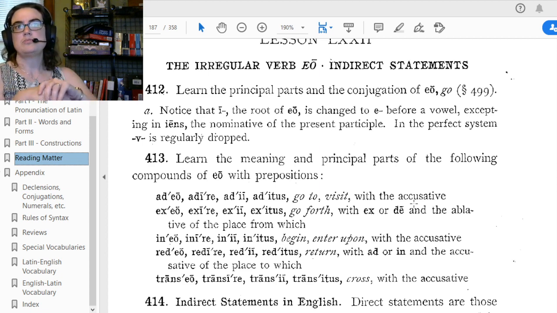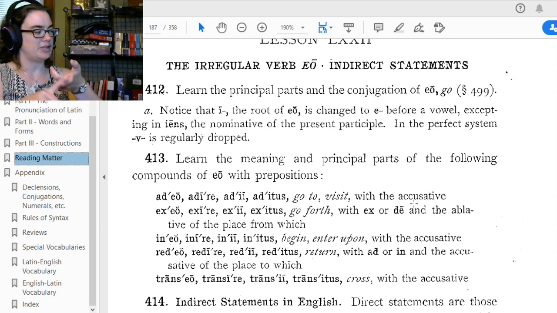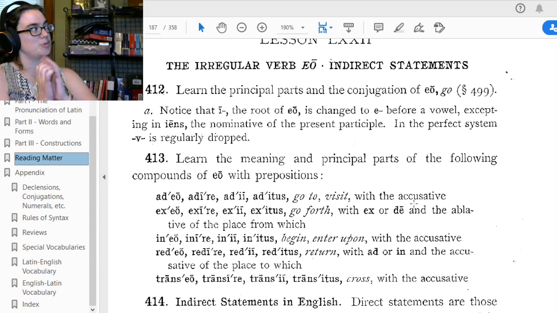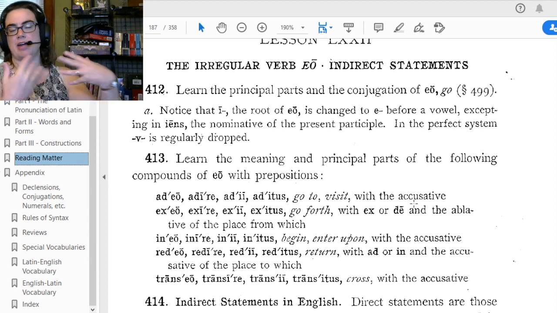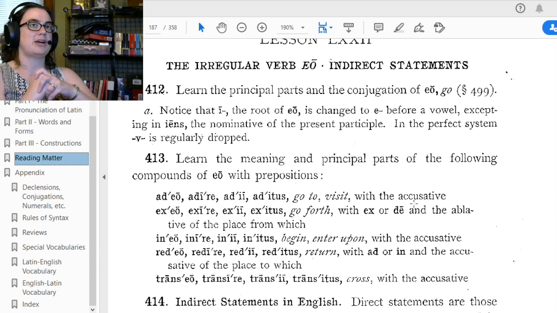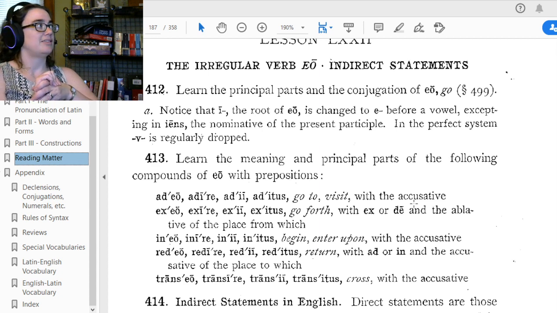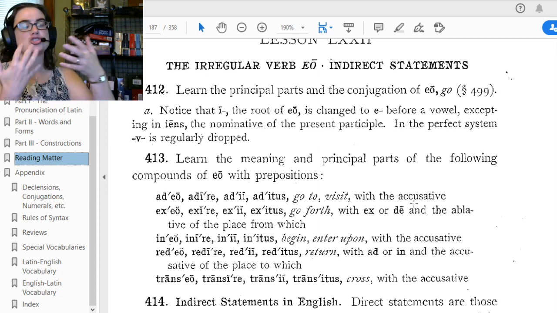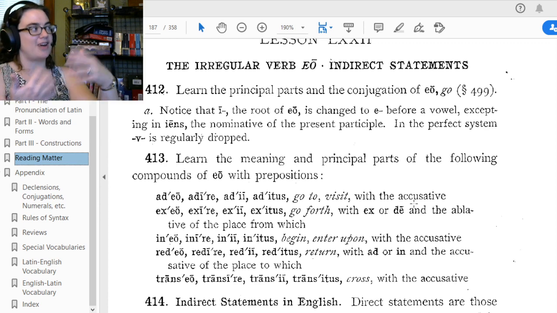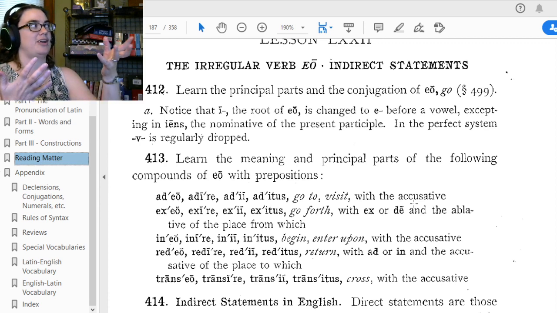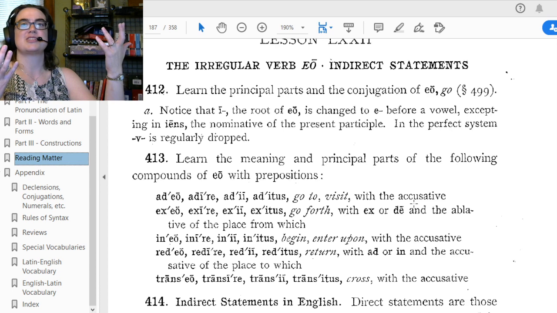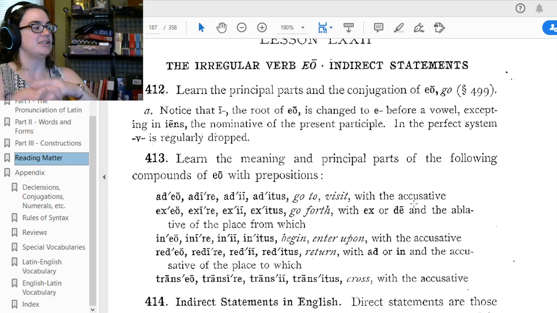So the principal parts are eo, ire, ii, itum. So ii, the best principal part of them all, is sometimes ivi, but that v is often dropped because it's between two vowels and nobody cares. It's true. There are certain letters, when they come between vowels, they just get left behind. And this is one of those cases. S's and v's.